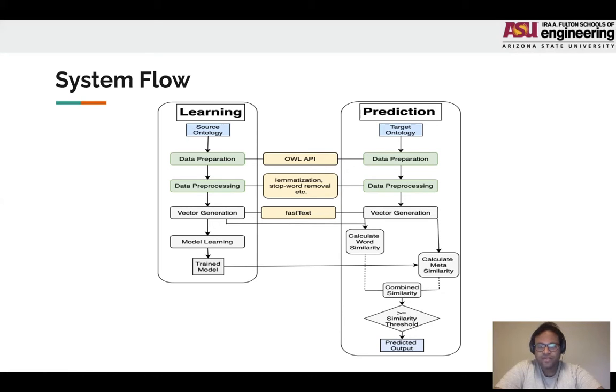This is to actually have the semantic information. So instead of a zero vector or one hot code vector, we use FastText to generate vectors for each entity from both source ontology and the target ontology.